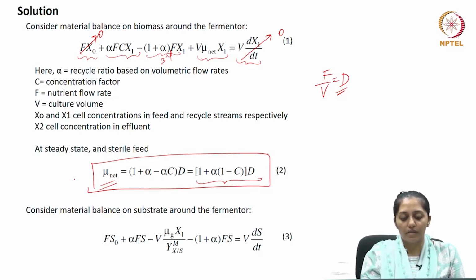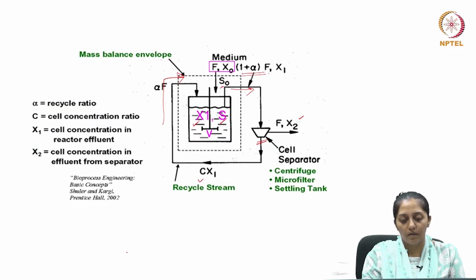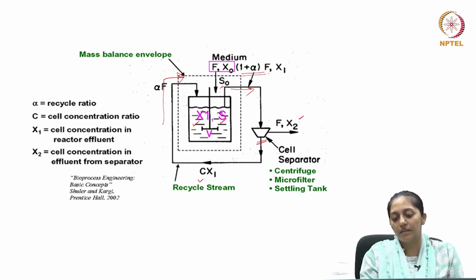Now, if we do a substrate balance in the same reactor with the same system boundary, F S naught is the rate at which the substrate is coming inside, and alpha F S is the rate at which the substrate comes back inside in the recycle stream, because in this stream the substrate concentration was S and only biomass has been separated, the rest of the stream is coming out.